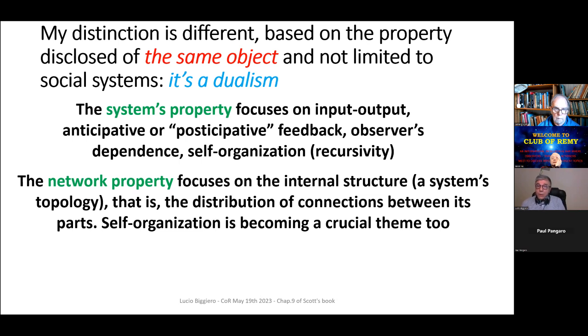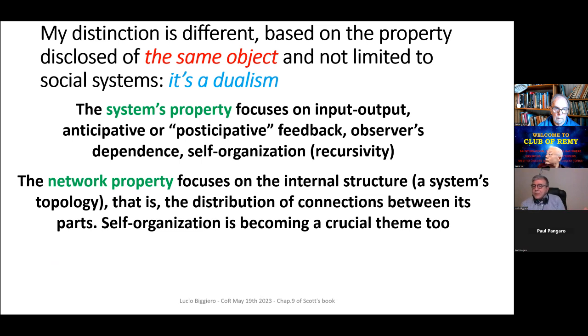By the way, the question of recursivity was not a typical issue of network science, at least not at the beginning, but it is becoming one. In the last 20 years, if you look at the debates and papers in network science, they are precisely looking at the question of recursivity.